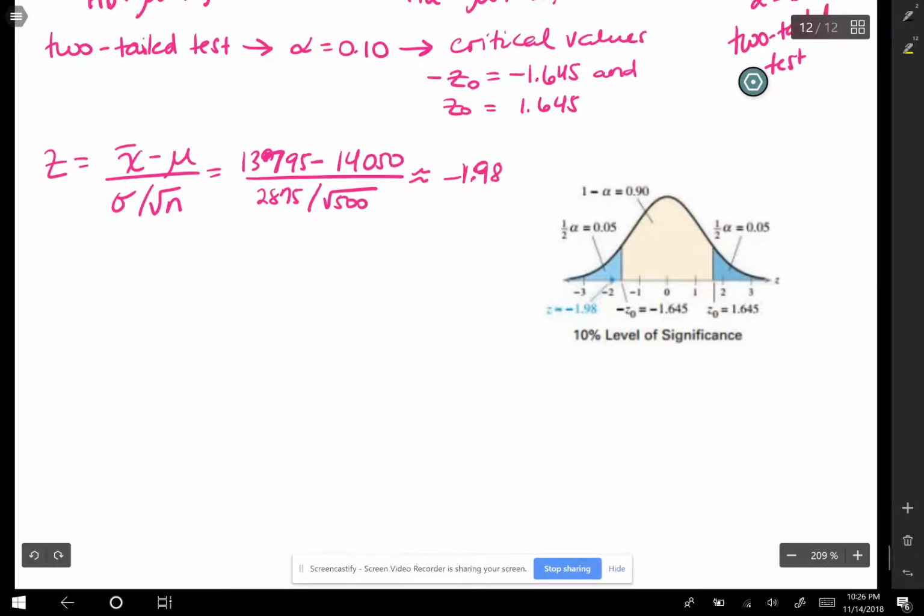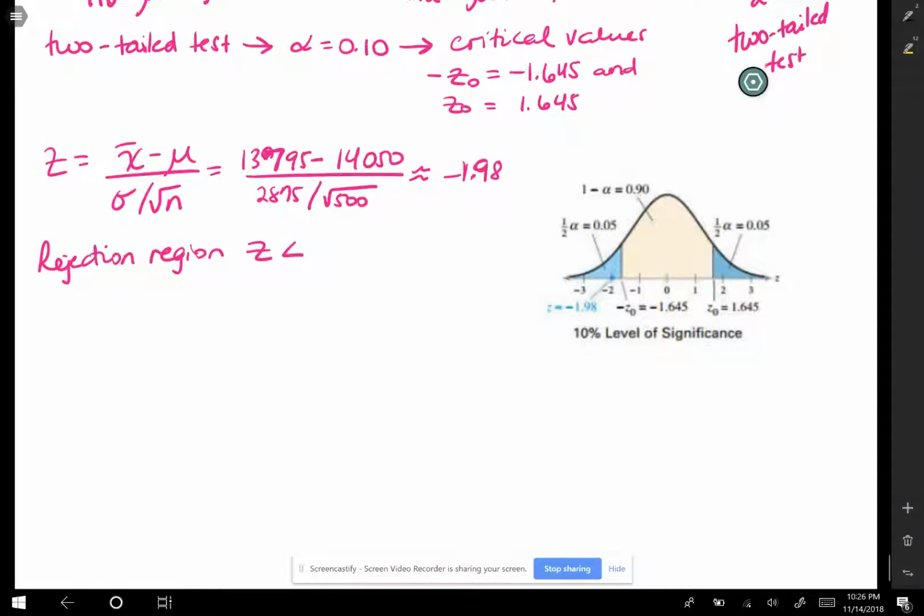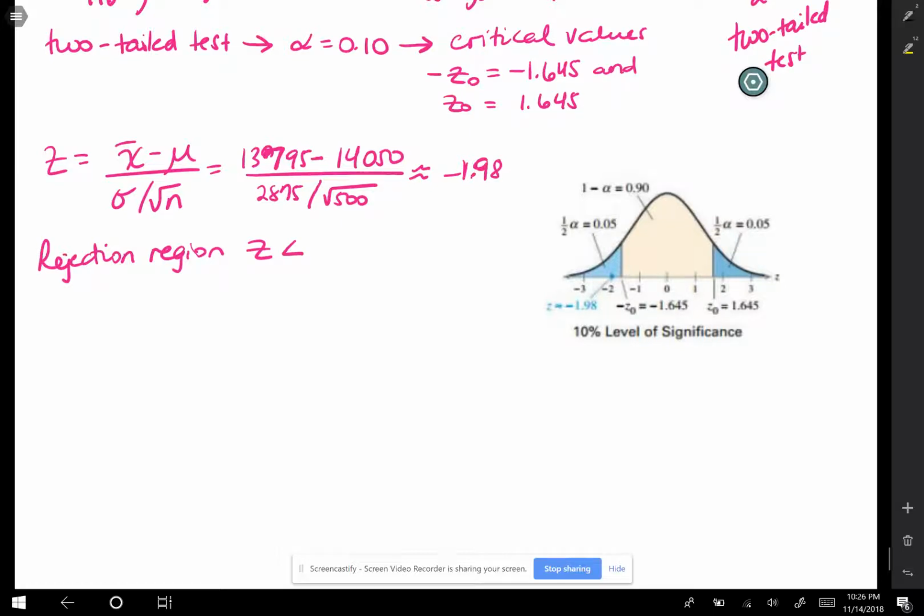So our rejection region is anytime z is less than negative 1.645 or z is greater than positive 1.645, because we had to split it between the two. This is showing what I showed you earlier, that it was the 0.10, but we had to split it, and that's why it's the 0.05.